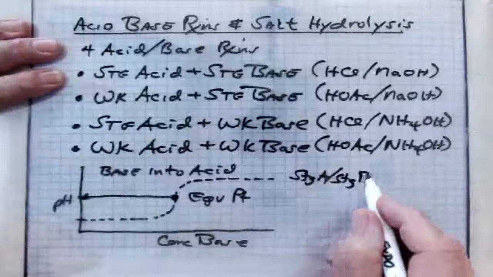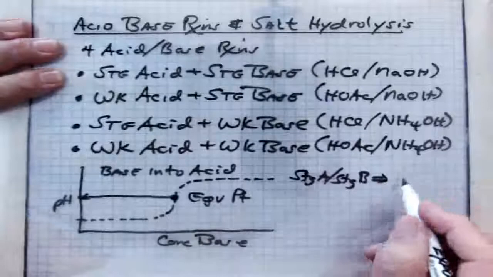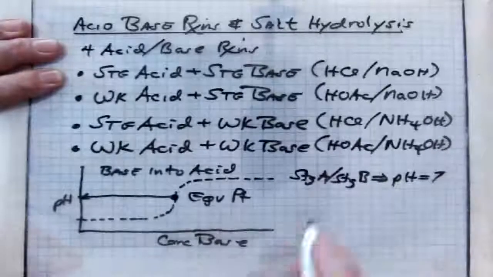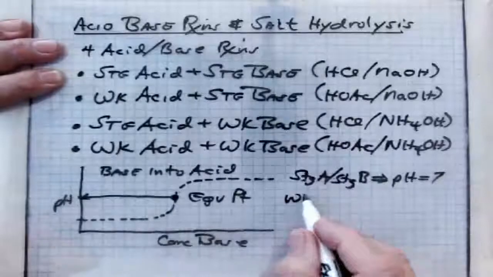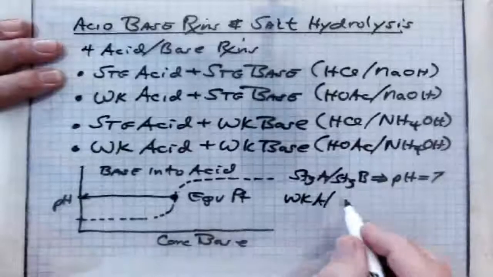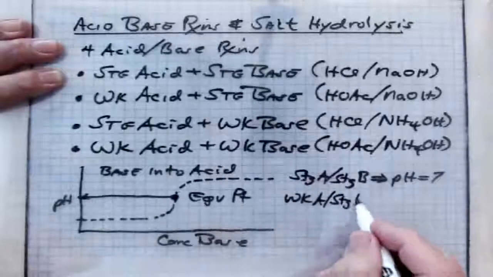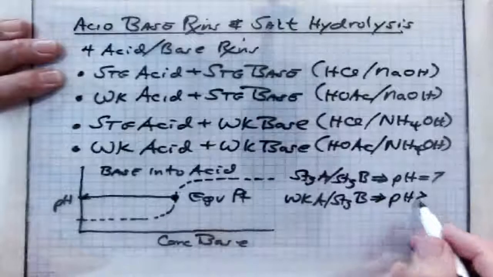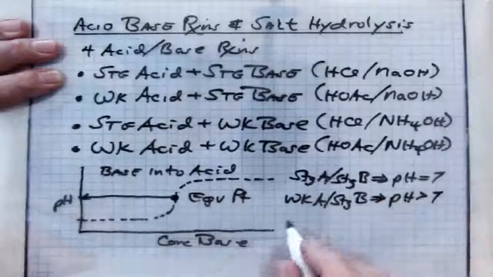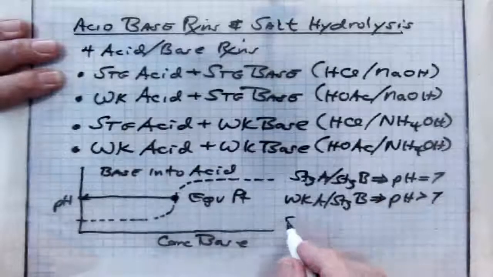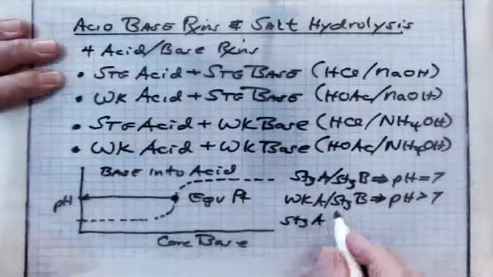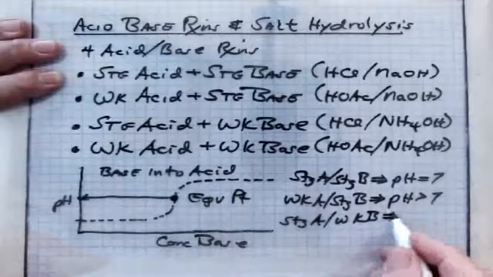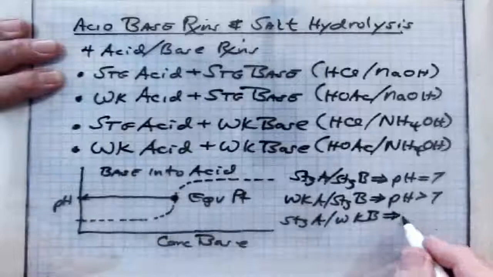For a strong acid, weak base, the pH at the equivalence point is less than 7. And for weak acid, weak base, pH is proportional to the K value. The larger K value dominates the equivalence point.